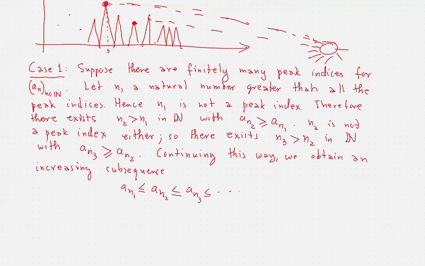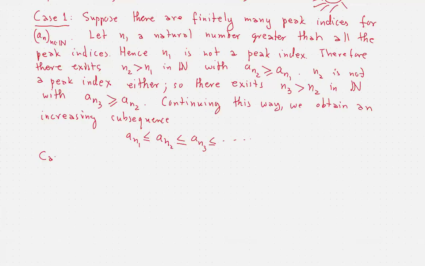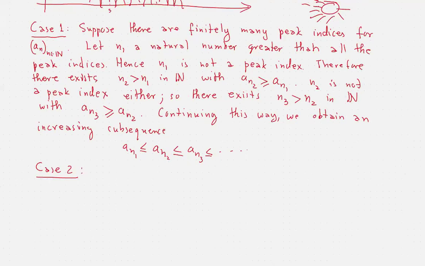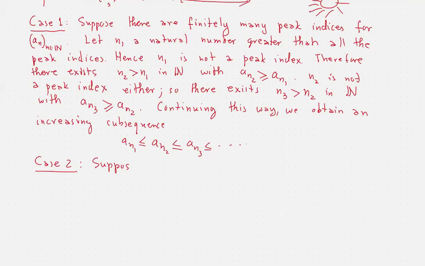And then we turn to case 2, which is even simpler. Suppose that there exist infinitely many peak indices for (a_n).